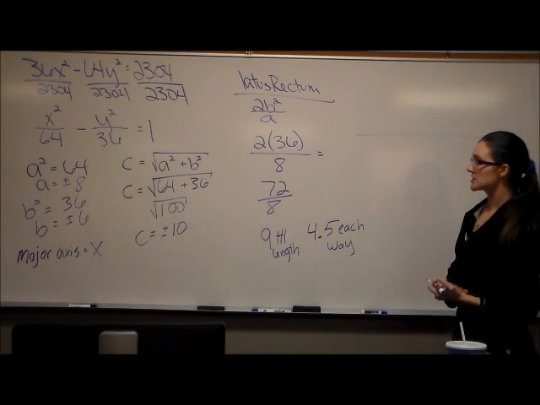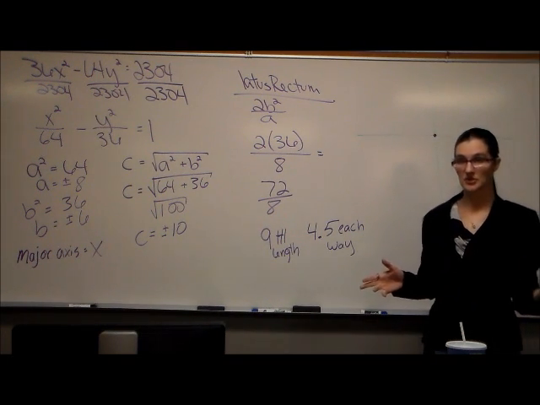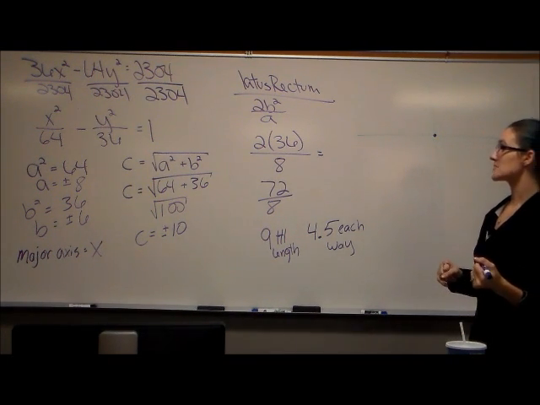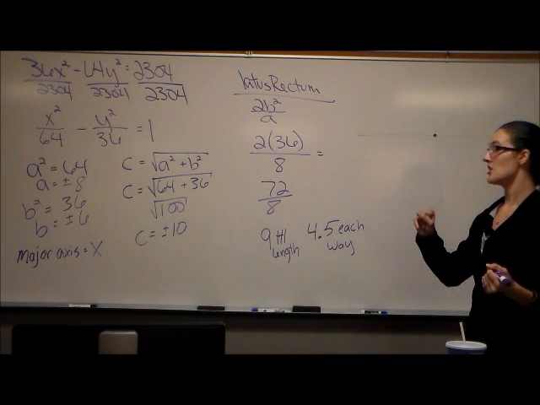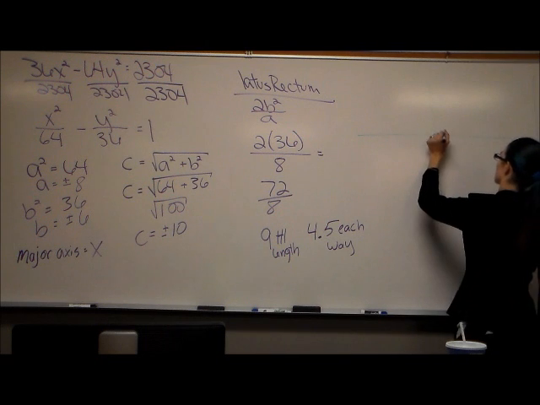So I'm going to start with the vertex. Center is at the origin, so that's simple enough. Starting with your vertex, that's plus or minus a, and it's along the major axis. Plus or minus 8 along the major axis.